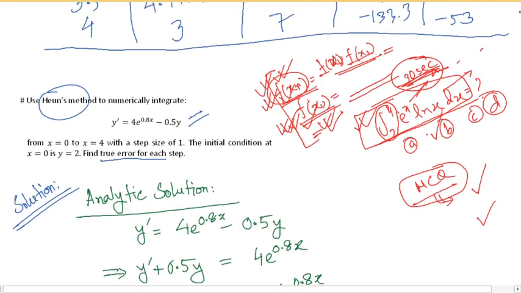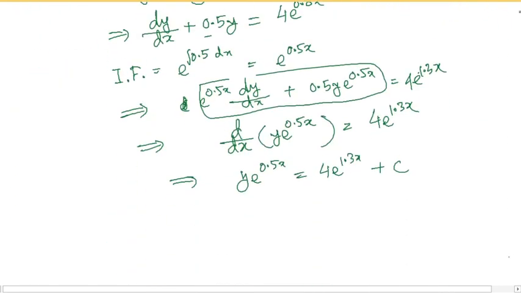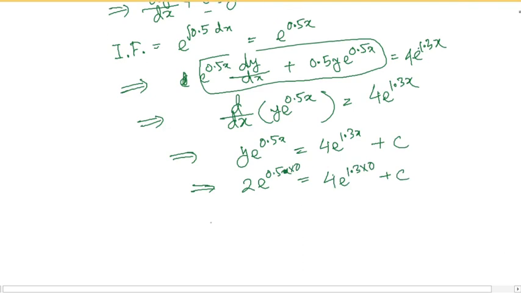Now we know the initial value: when x equals 0, y equals 2, so we can put the values here. 2 e to the power 0.5x equals 4 e to the power 1.3 multiplied by 0 plus c. So we see from here this will be 2 plus, sorry, I have made a mistake.